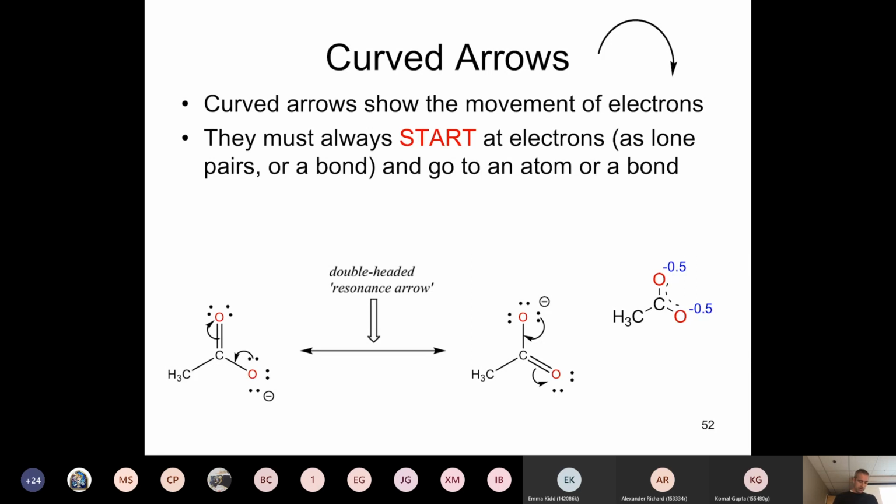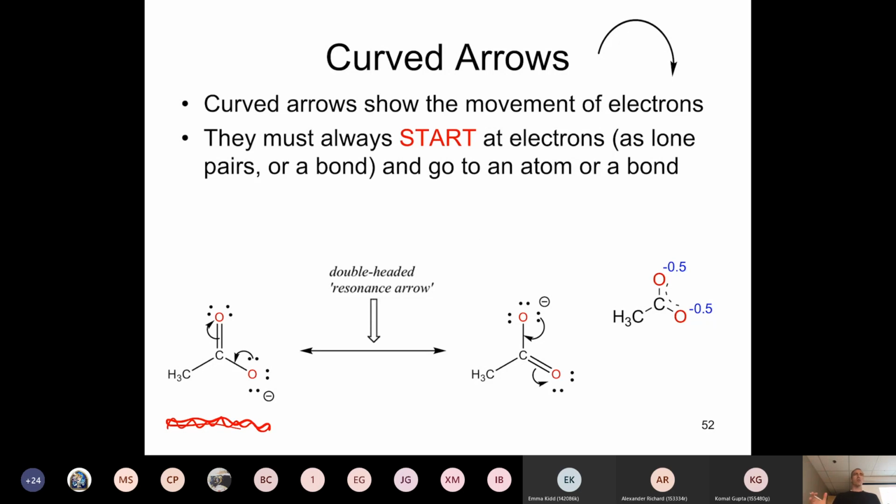In the example at the bottom of the slide, there's a curly arrow starting on the bottom oxygen, and you can see it's starting at a lone pair. It's pointing from the lone pair to the space between the carbon and the oxygen. So what that means is that electron pair is leaving the oxygen atom.